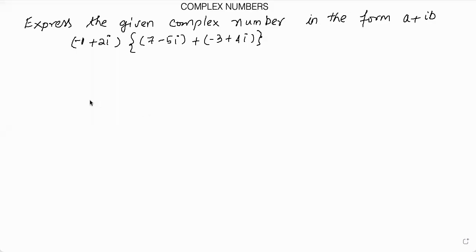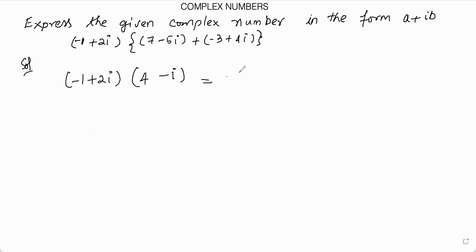So let us try to find the solution for this. First we'll look at the inner brackets and simplify first. So we get that as 4 minus i, and then we'll multiply this.